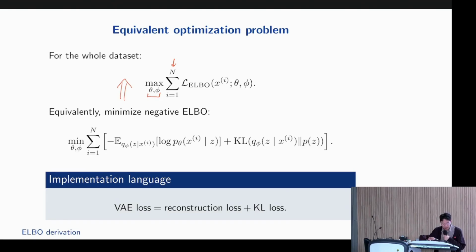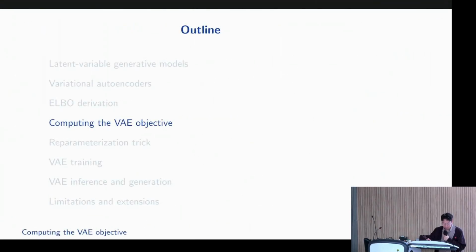Or if you want, minimize the negative log likelihood plus the KL divergence. So anyhow, the VAE loss is reconstruction loss plus KL loss.